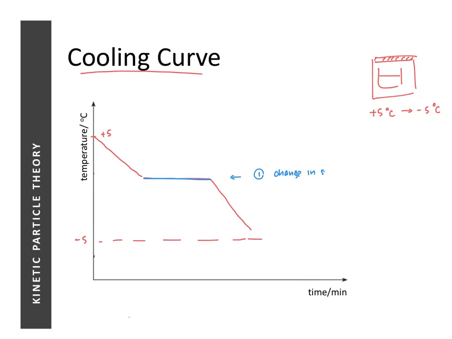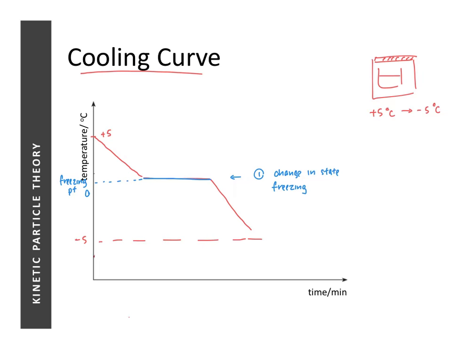And in this case, we are changing the substance from liquid to solid. So the change in state that we are seeing is called freezing. So the temperature at this point would correspond to the freezing point. In this case, we are looking at water, so it's 0 degrees again.